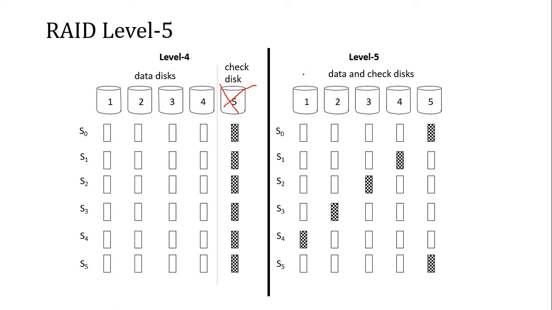Disk 1 is located in the USA or America zone, this one is in Europe, this one is in the Middle East, this one is in Singapore, and this one is in China. So these are 5 data centers in different locations.